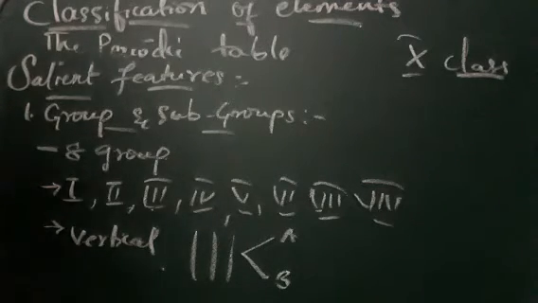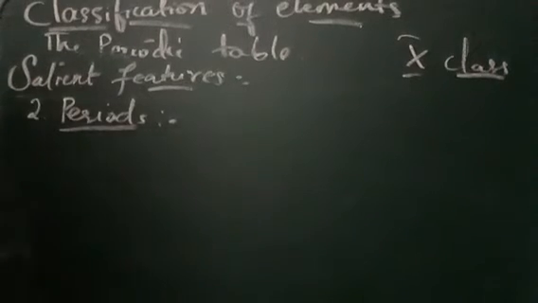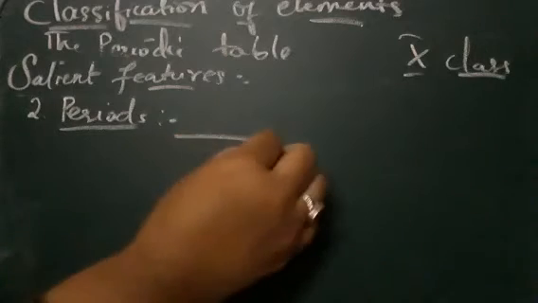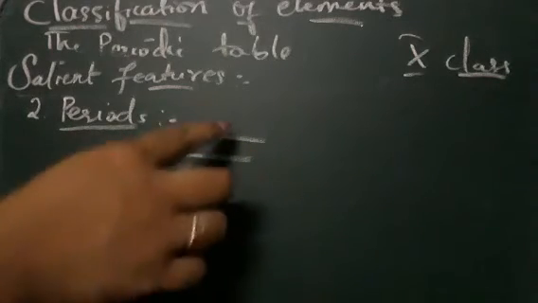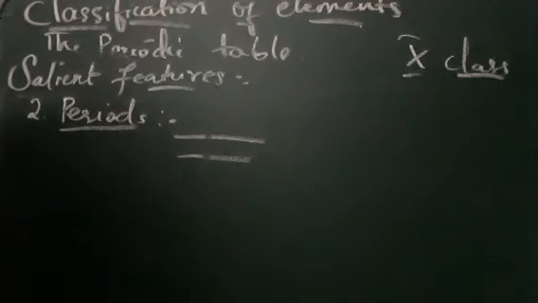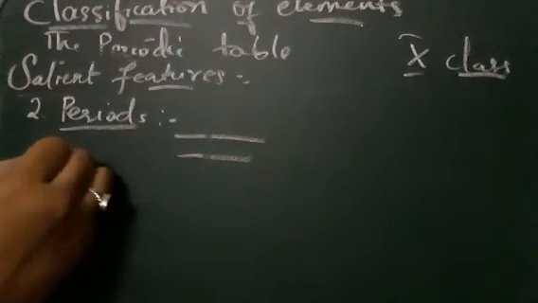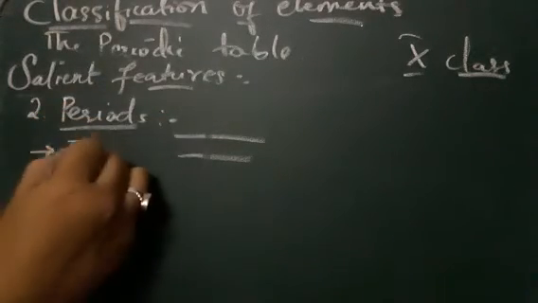Next is periods. The horizontal rows we have learnt in Mendeleev's table are called periods. There are 7 periods. Remember, we have 8 groups and 7 periods.